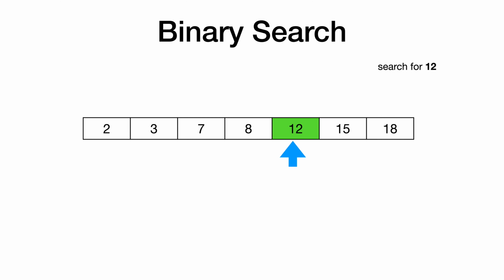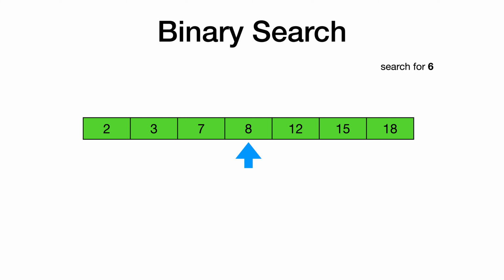So it does it again. And now the range is just 12, and it turns out 12 is the number we're looking for, so it returns true. So every time we're making that range smaller and smaller, looking for the element in question, using the fact that the numbers are sorted to help us reduce the search space.